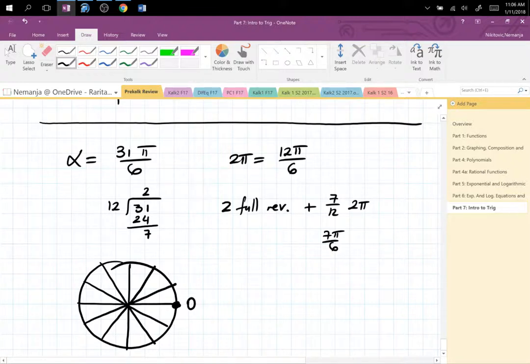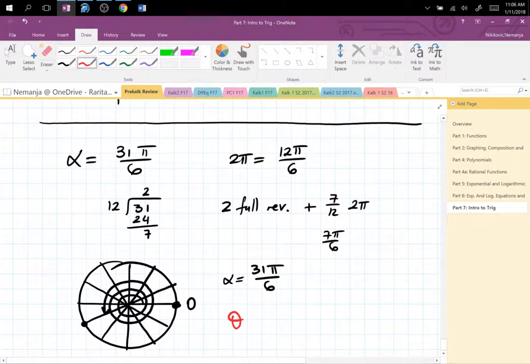And then we know that 7 pi over 6 is here. So this is what I'm going to do: 1 full revolution, 2 full revolutions, and then 7 pi over 6. So alpha is 31 pi over 6.